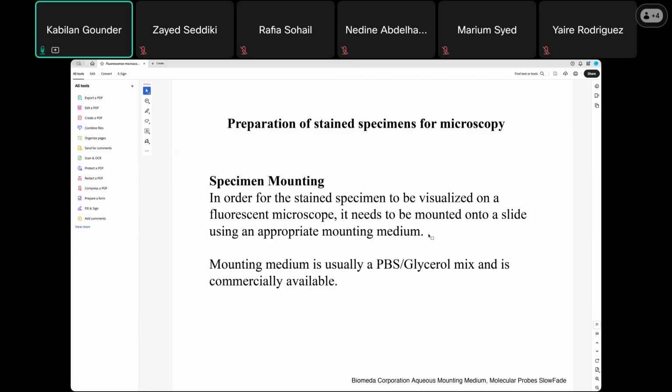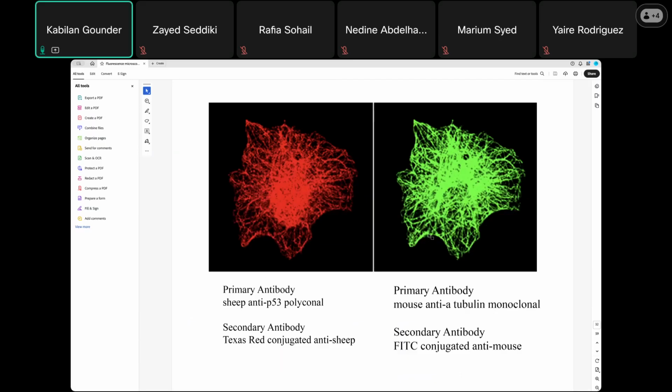So when you have cells and you want to observe them, they have to be mounted onto the slide with a mounting medium that will protect the fluorescence tag, so that you can keep it for a long time. The mounting medium is usually a PBS and glycerol mix, and is usually commercially available.